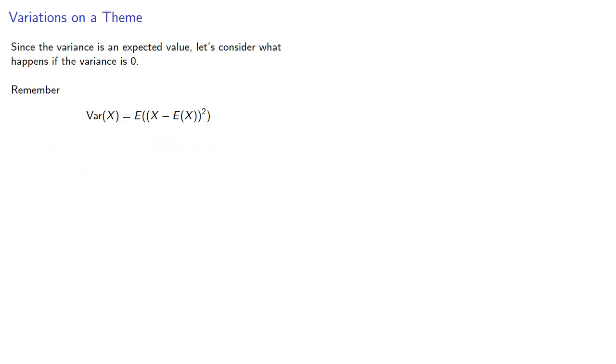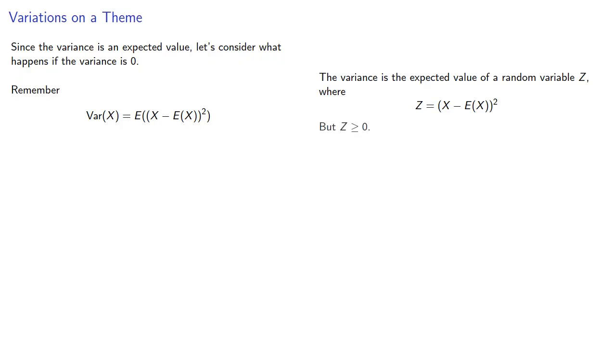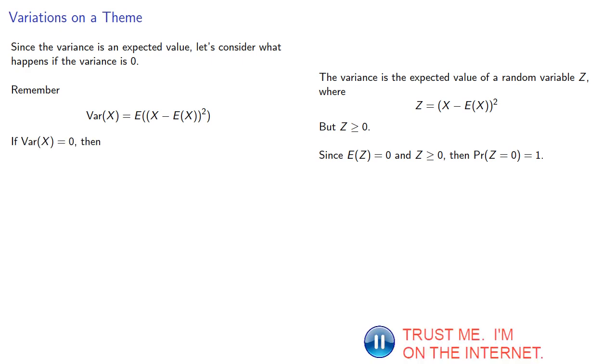And so that means the variance is the expected value of random variable z, which is the square of the difference. But because it's the square of the difference, that means that z is non-negative, and so our expected value is 0, and our random variable is non-negative, and so that means the probability that our random variable is 0 must be 1.